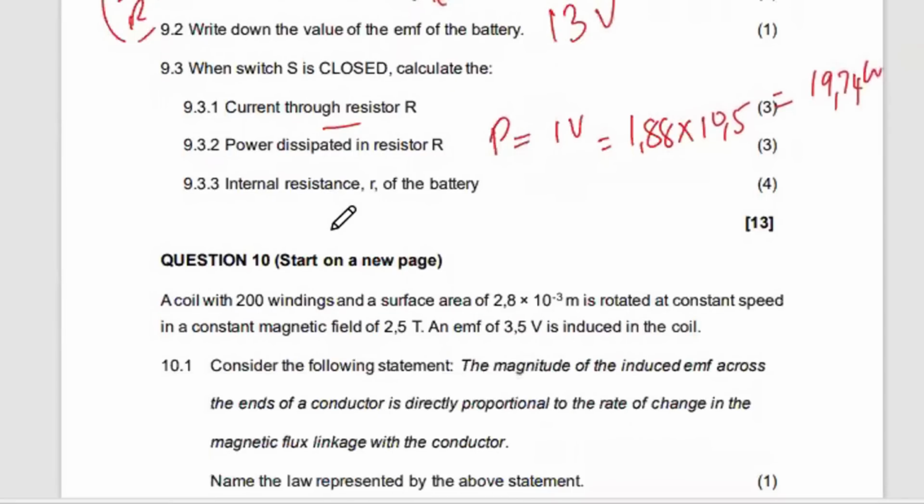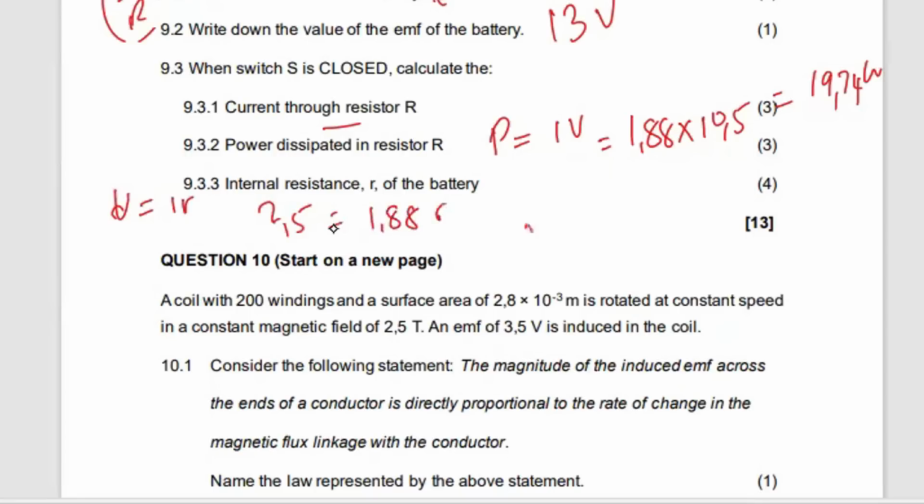Then the internal resistance. The fact that there was a difference between 13 and 10,5, which is 2,5 volts, is responsible for the activity within the battery. So V is equal to I times the small r. So 2,5 is equal to 1,88 times the small r.